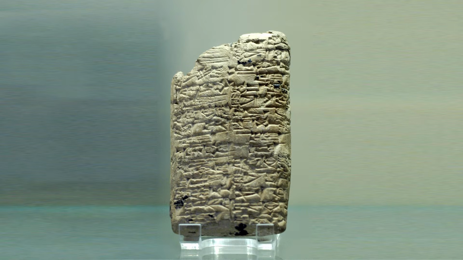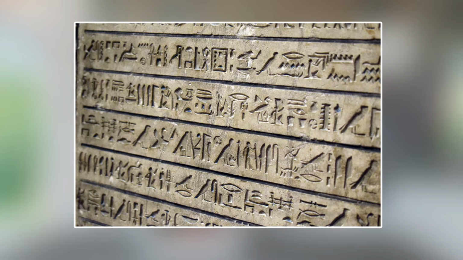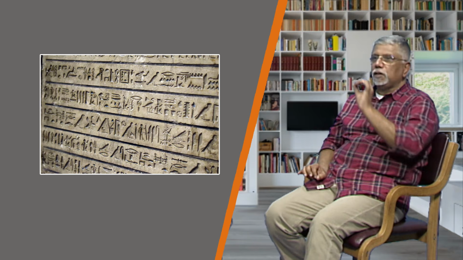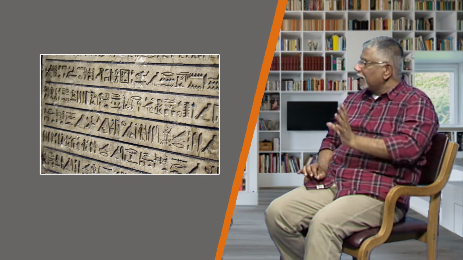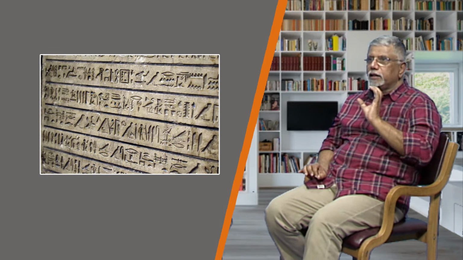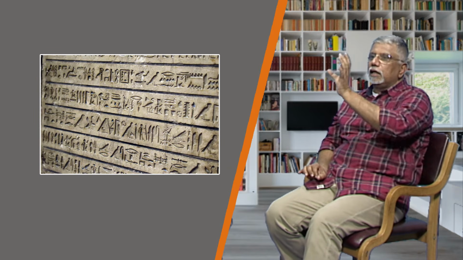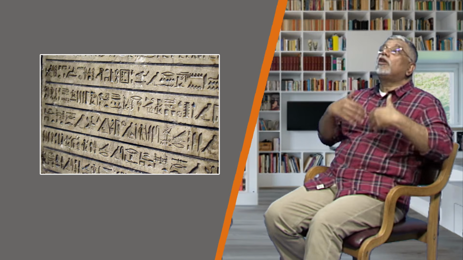And inside those wedge-shaped markings, they would add other markings. Later on, that was followed by inscriptions made on stone. Okay. Right? The Egyptians did that. The Sumerians did the clay tablet, cuneiform writing. The Egyptians did inscriptions. That was much more permanent.